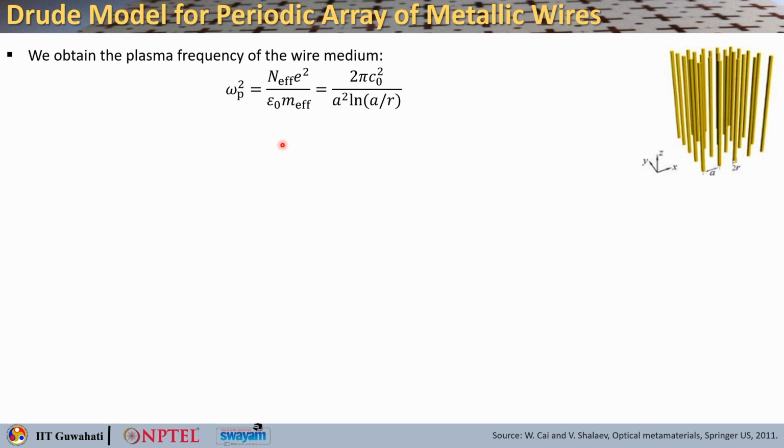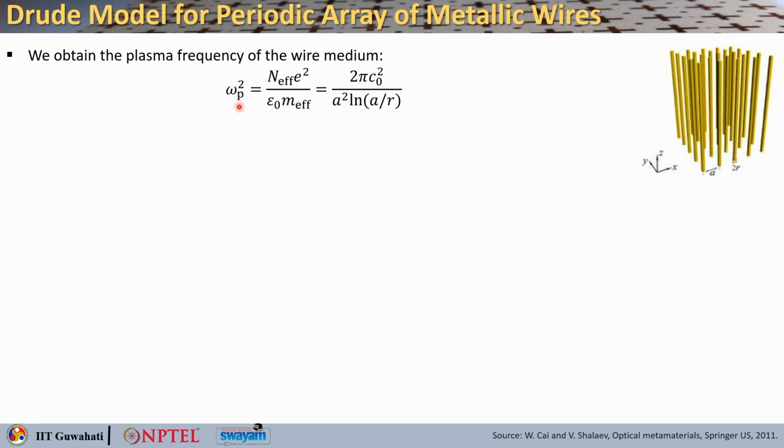So, once you know the effective mass, you can also compute the plasma frequency of this wire medium. Omega p squared will be nothing but n effective e squared divided by epsilon naught m effective, right. So, n effective you already know because of this factor, how it will come down from n, and then you can also substitute the value of m effective, okay, and this is what you got.